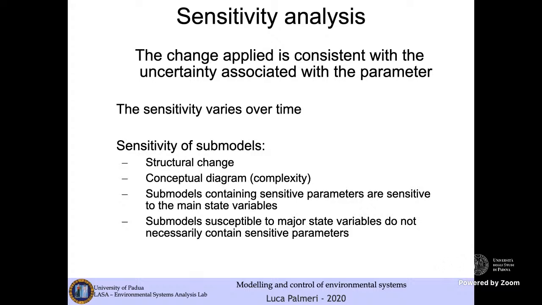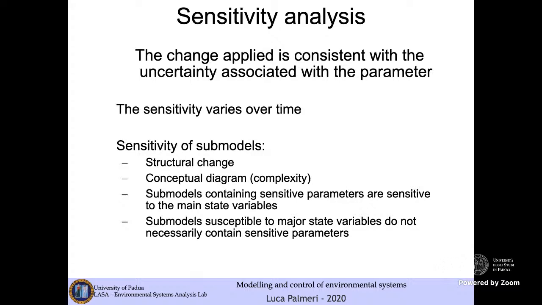In general, you start your sensitivity analysis once you have your conceptual diagram defined, so the level of complexity, or if you want, the hierarchical level of your description is defined. And there are some statements that have to be taken into consideration. For example, models containing sensitive parameters are generally sensitive to the main state variables.